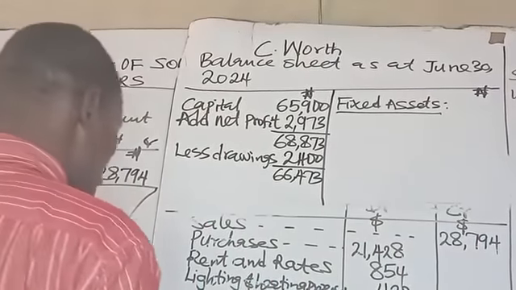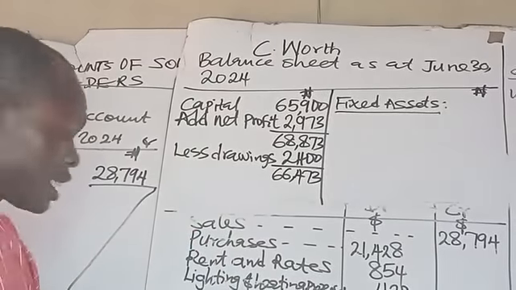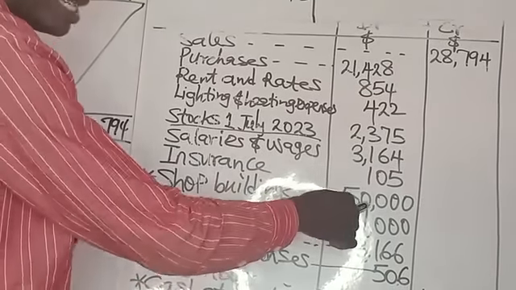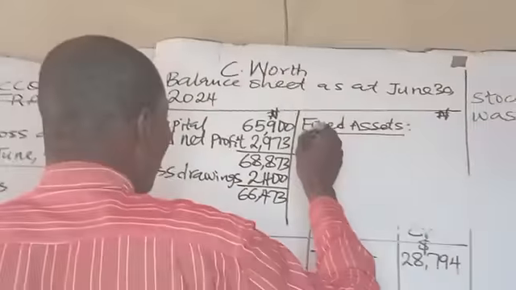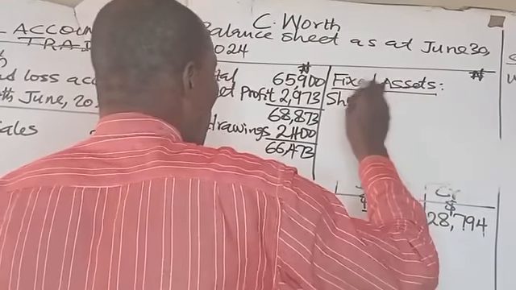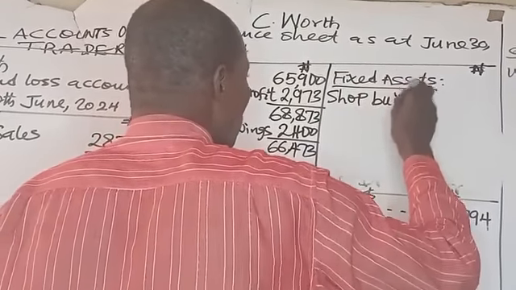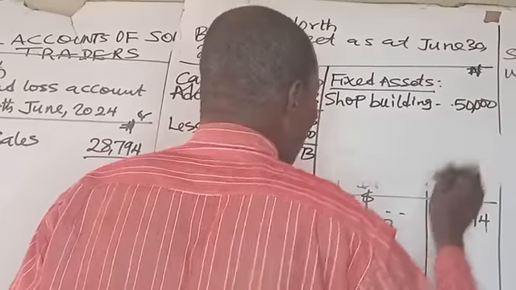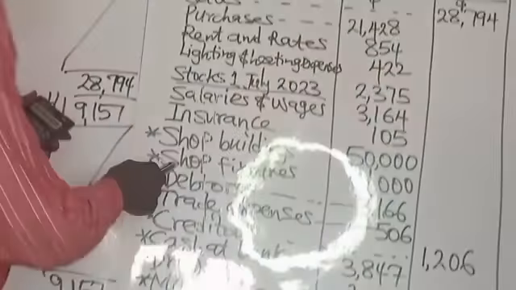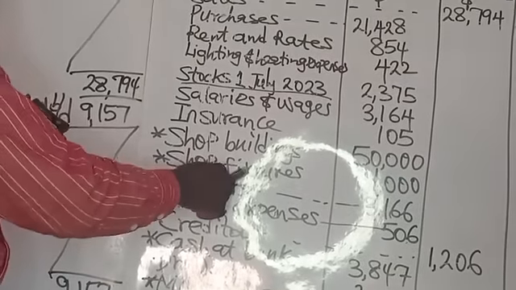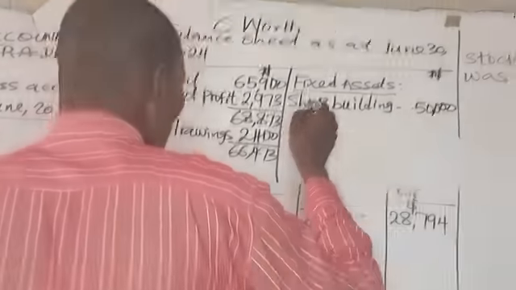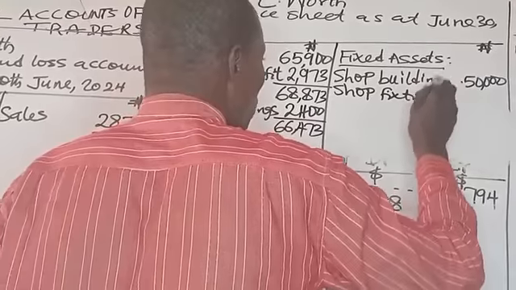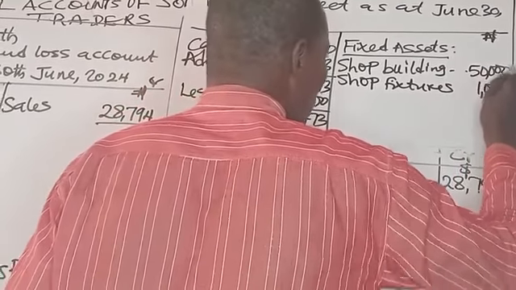Then our fixed assets include shop buildings, 50,000. Then we also have shop fixtures, 1,000.